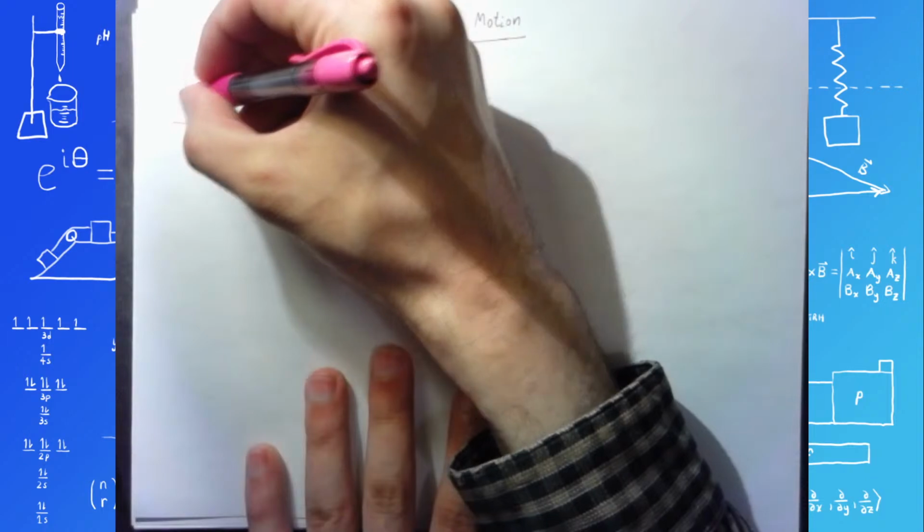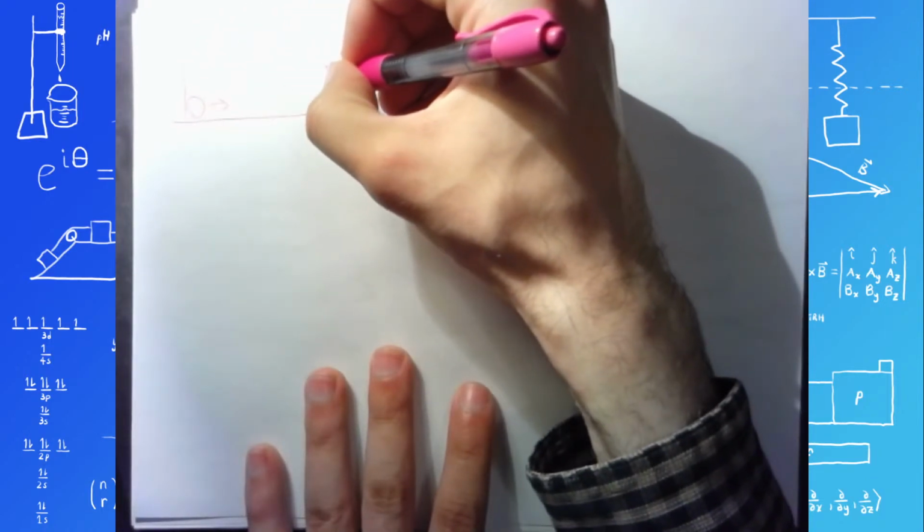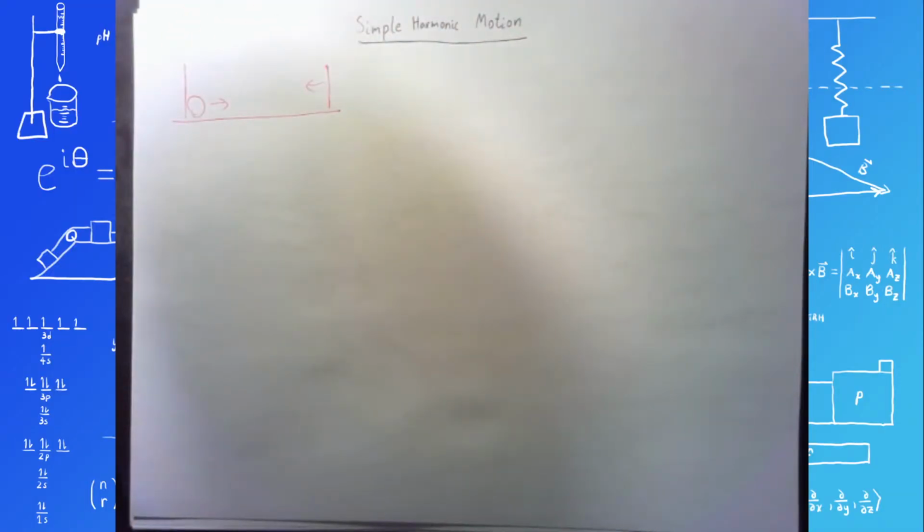It hits this wall, bounces off of it, rolls over to this wall, bounces off of it, rolls back, goes back and forth and back and forth, and that is not simple harmonic motion. I guess we would call it recurring motion, maybe. That might be a good word for it, recurring motion, but it's not simple harmonic motion.